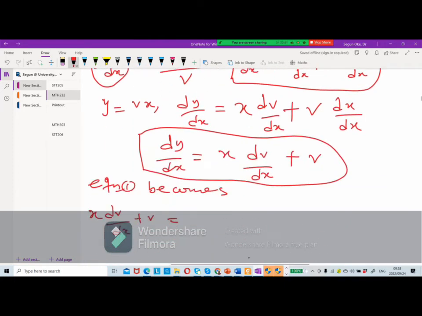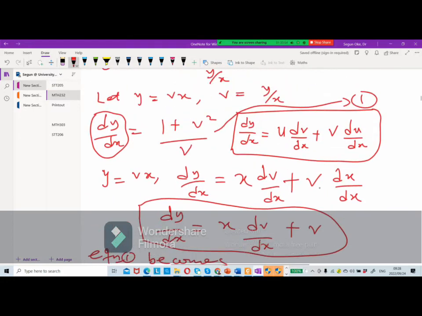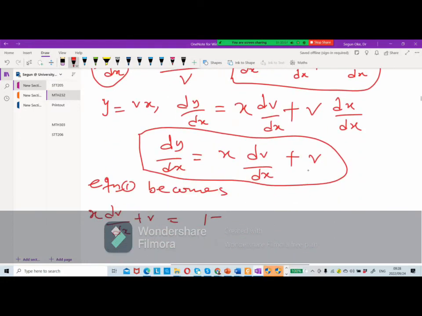Substitute. You have 1 plus v squared over v. Any question? Who is not clear?